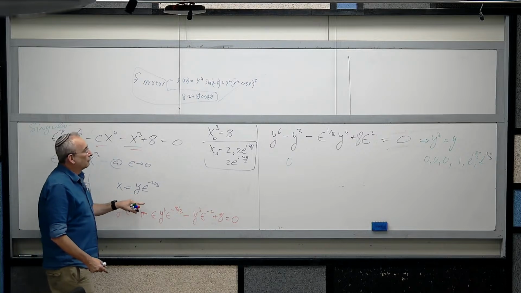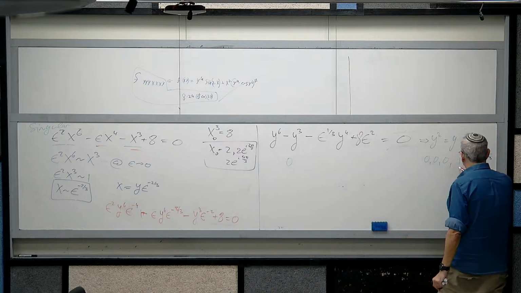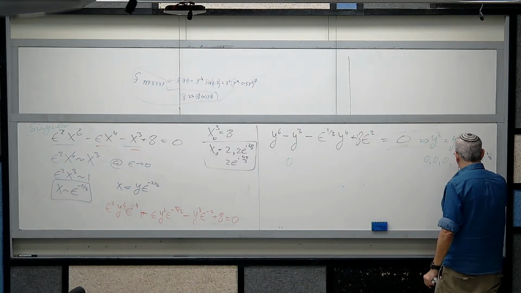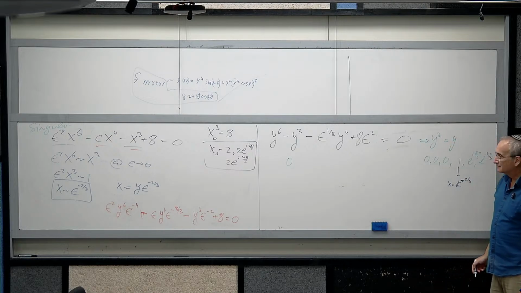So in order to translate this to x, this is not 1. In x, this is epsilon to the minus 2/3. So this is a solution that goes to infinity as epsilon goes to 0.